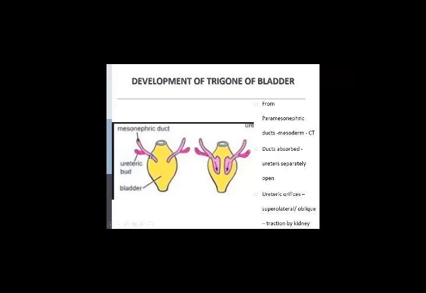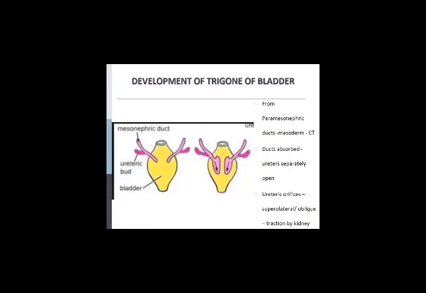As more and more of the mesonephric duct is absorbed into the posterior wall, when it is absorbed up to here, then the mesonephric duct opens separately and the ureter opens separately.